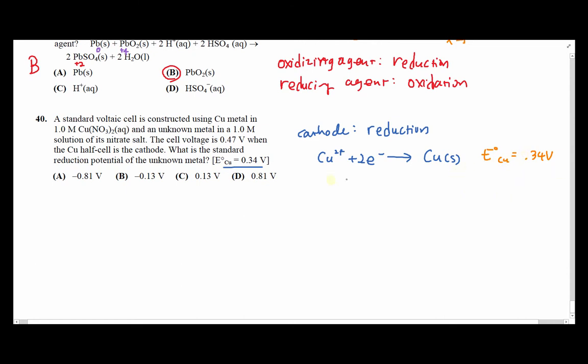It's not negative. However, when we form the oxidation, reduction and oxidation are always coupled. One cannot happen by itself. Therefore, the unknown metal must undergo oxidation. So we have metal. So we can form it like this.